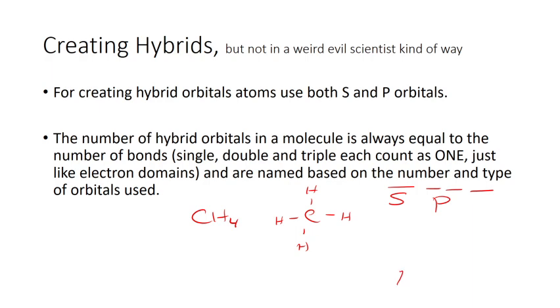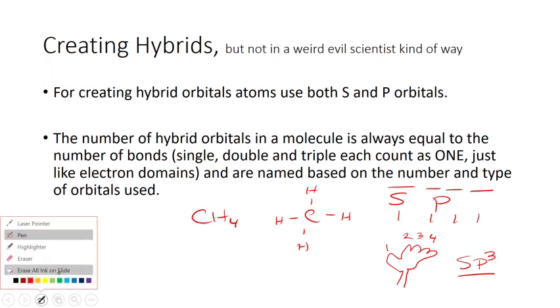And if we count on our fingers the number of bonds, 1, 2, 3, 4, we will need 4 hybridized orbitals. And if we count here, we have 1, 2, 3, 4. And so we have an s and 3 p's, which we say the hybridization of this carbon is sp3. That is how we do hybrid orbitals.